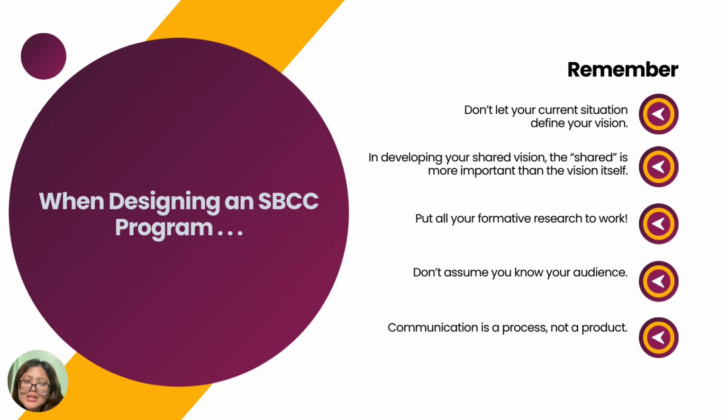That's why we really need to prioritize the shared vision rather than the vision itself. Because sometimes our objectives, our specific vision, really do not complement the others. So if we really have to push for a specific campaign, we need to meet halfway. That's why we really need to prioritize this shared vision.